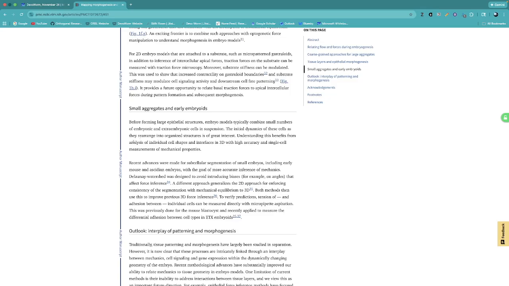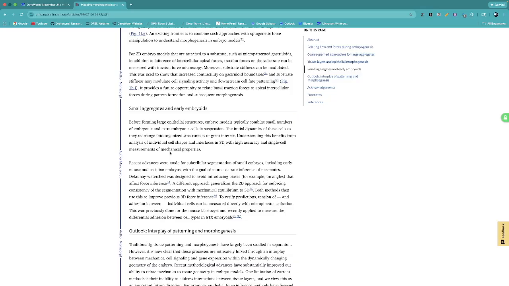Understanding this benefits from analysis of individual cell shapes and interfaces in 3 dimensions with high accuracy, and single-cell measurements of mechanical properties. So again, we want to take this broad emergent view, but we can't do that in one shot.